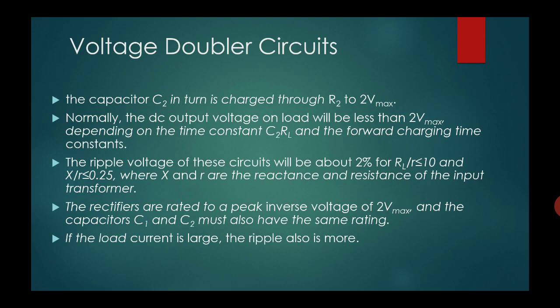When you connect a load RL to it, the value will be less than 2 Vmax, and it depends on the time constant of C2RL and the forward charging time constants. Even the ripple voltage will depend on the reactances and resistances of the input transformer.